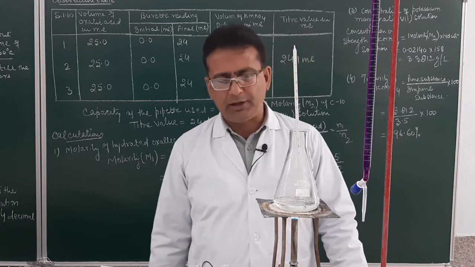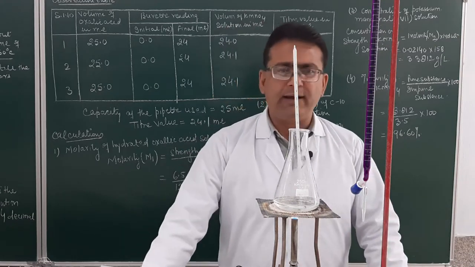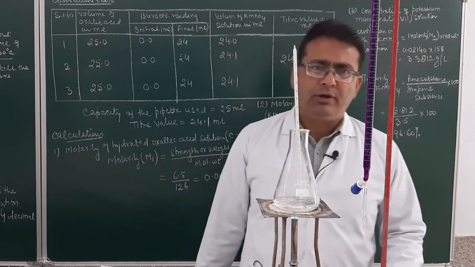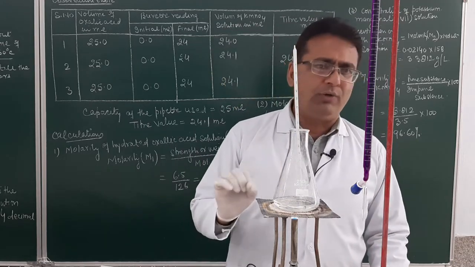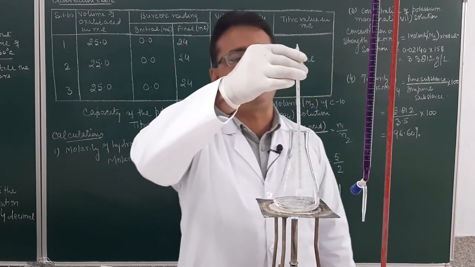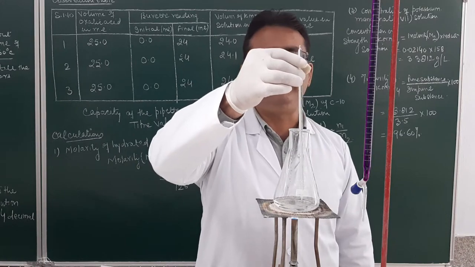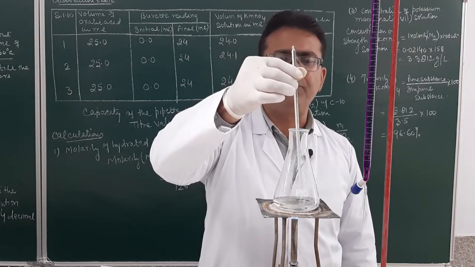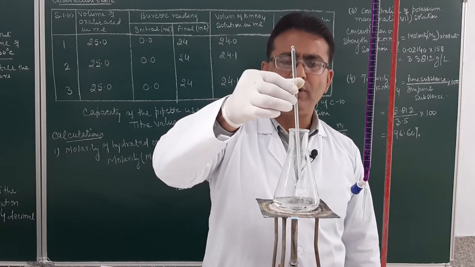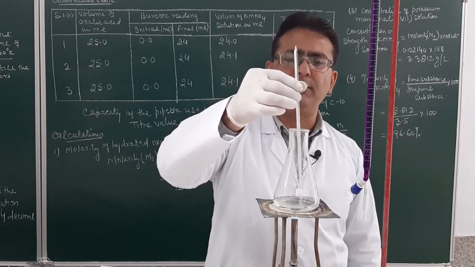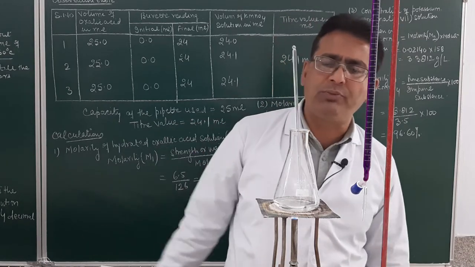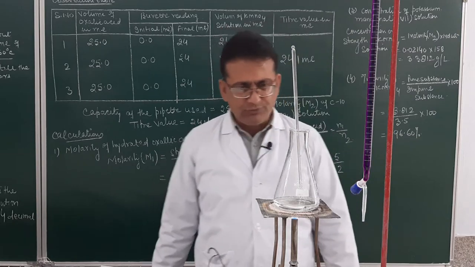Now we are heating it by putting it on the wire gauze over the tripod stand till the first bubble appears at the bottom of the flask, and this will appear at about the temperature of 60 degrees C. So when the temperature rises up to about 60 degrees C, the first bubble will appear.